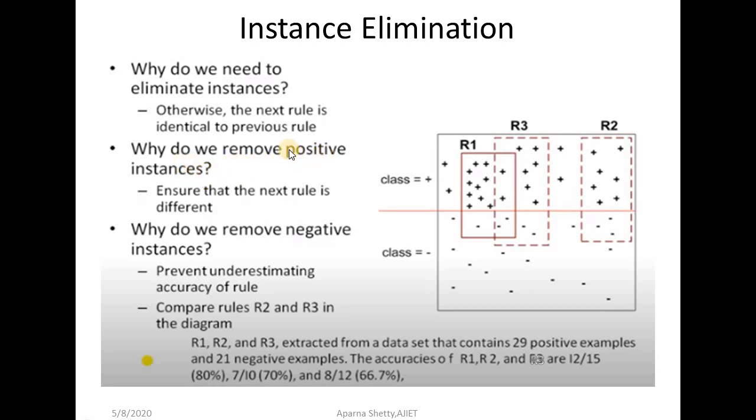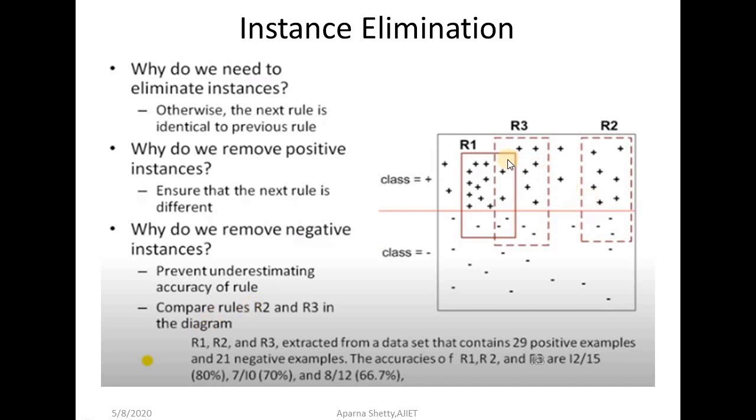Next is, why do we have to remove positive instances? We need to remove positive instances in order to ensure that the next rule is different. Why do we remove negative instances? We remove negative instances in order to prevent underestimating the accuracy of the rules. Now suppose consider this example.